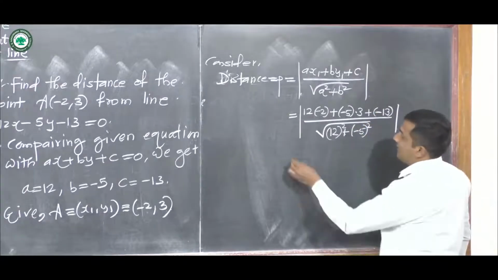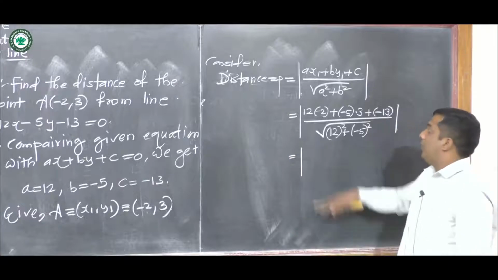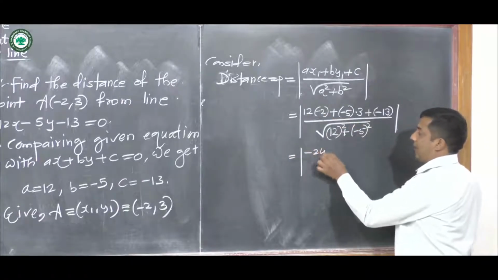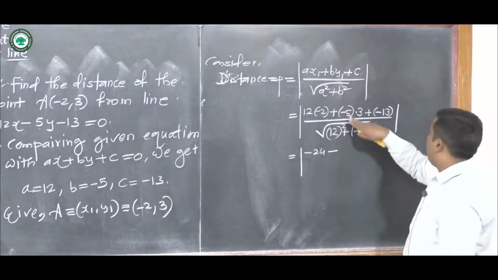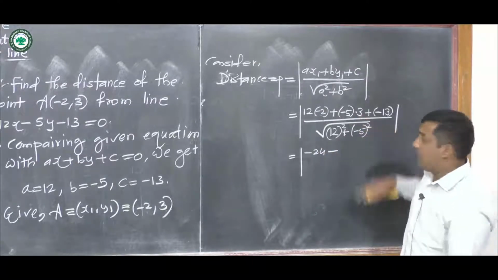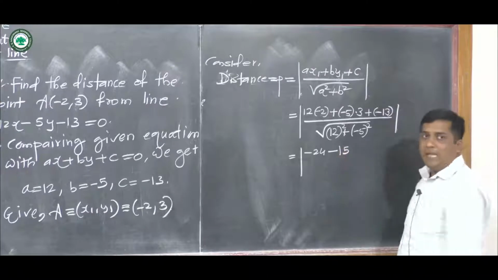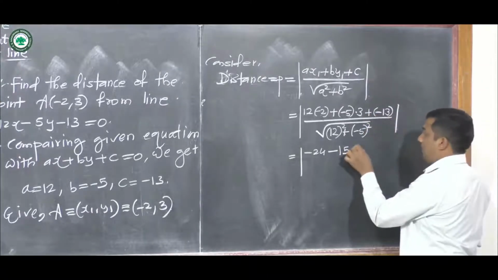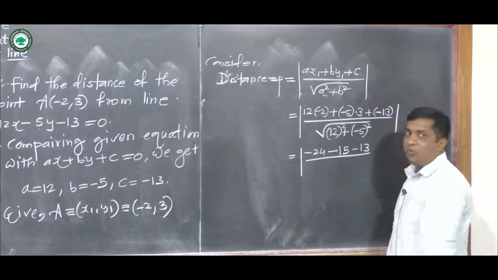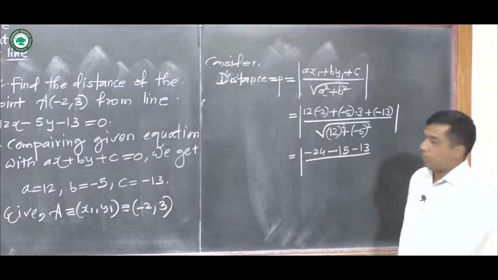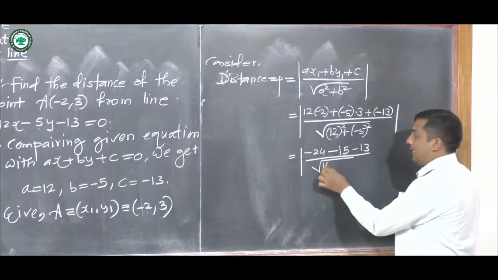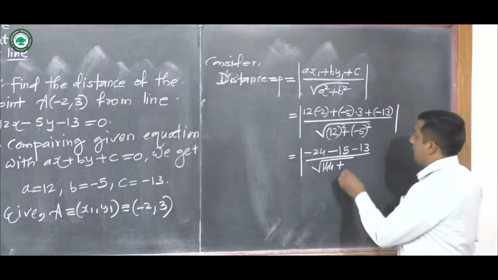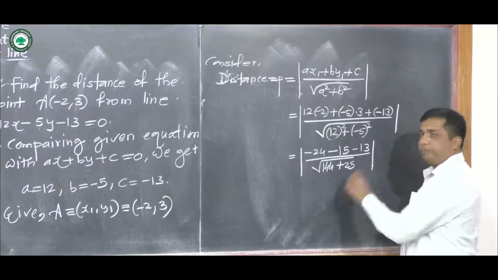Now this is equal to, inside the mod, we know 12 into -2 is -24, then -5 into 3 is -15, and in last plus -13 means -13, this divided by inside the square root. We know 12 square is 144 plus -5 square is 25.